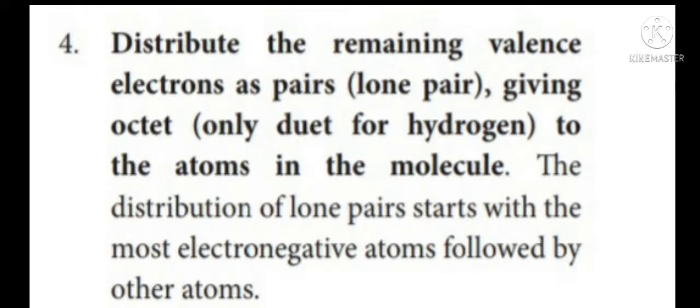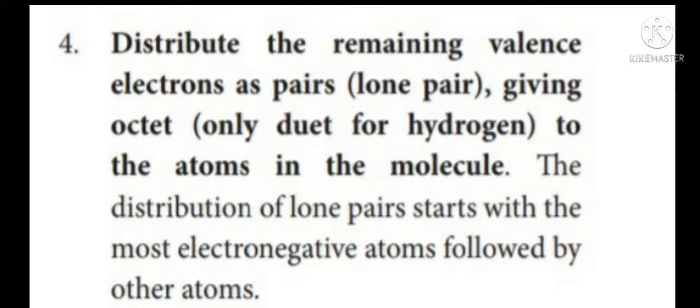Already we discussed that the electrons involved in bonding are called bond pair electrons, while the electrons not involved in bonding are called lone pair electrons. Here hydrogen follows duet configuration, that is 2 electrons, while other atoms follow octet rule configuration, that is 8 electrons.